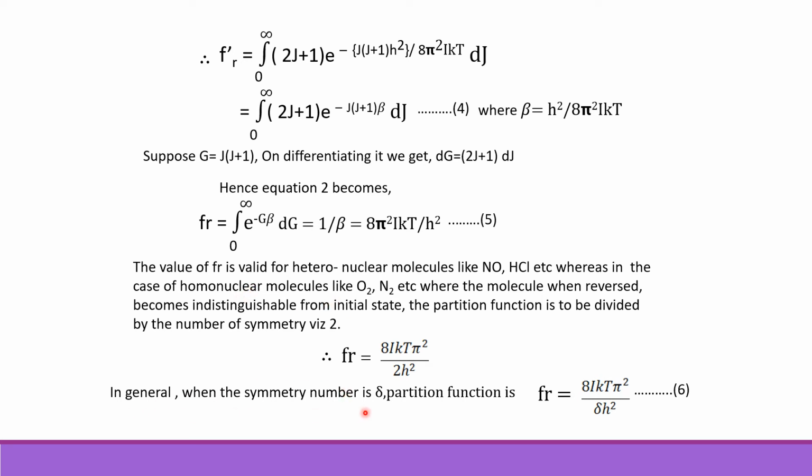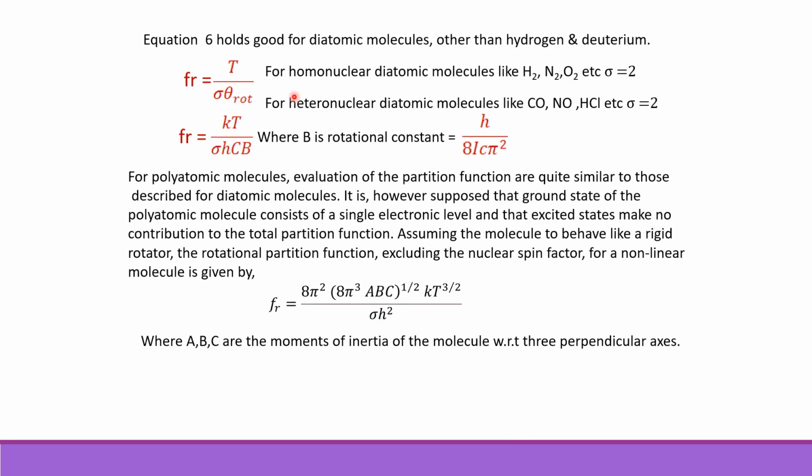In general, when the symmetry number is represented by sigma, then the partition function is Fr is equal to 8 pi square I kT divided by sigma h square. So instead of 2, we are writing the formula for the general condition. Equation 6 holds good for diatomic molecules other than hydrogen and deuterium.